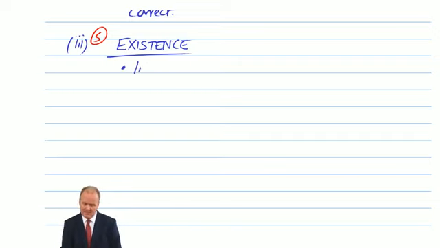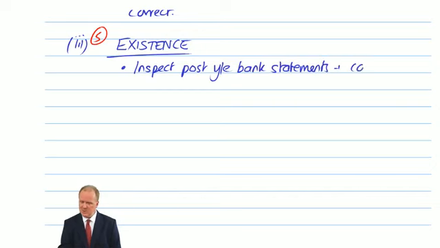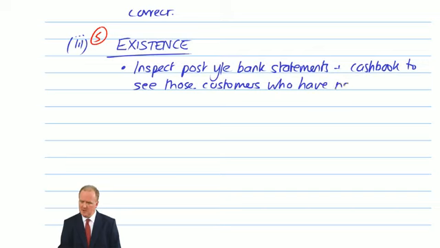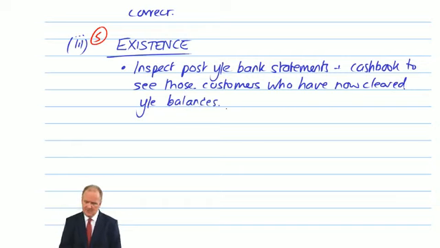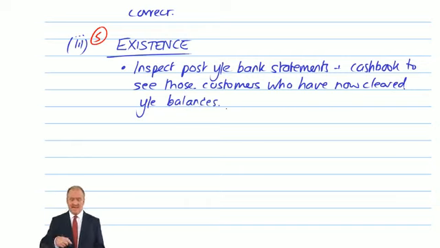So why not inspect post-year end bank statements and cash book to see those customers who have now cleared year-end balances. Now, I've said existence. That would also help test the value as well, I suppose.